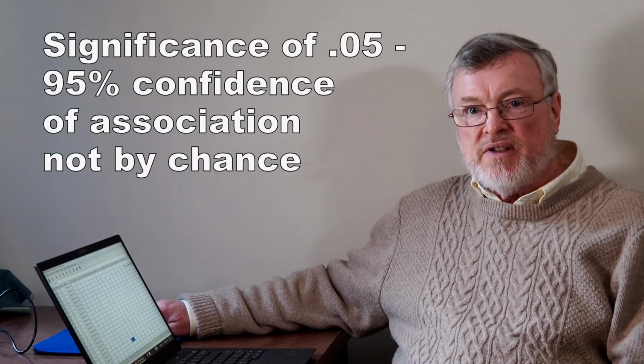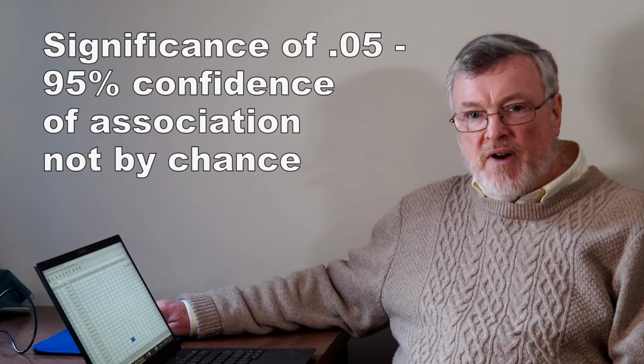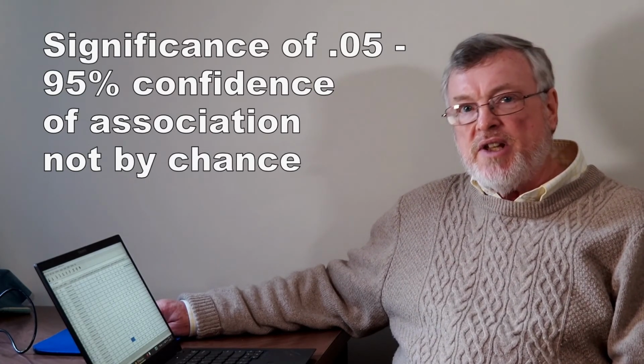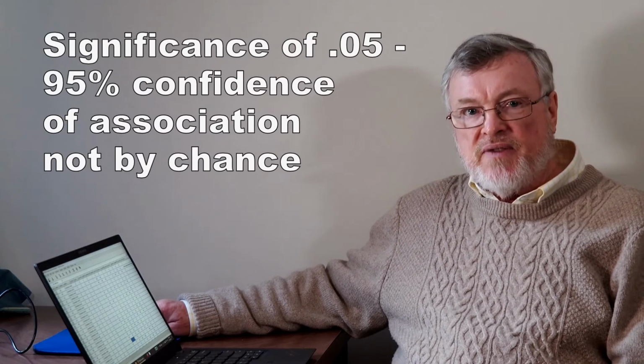It means that we can reject the null hypothesis that there is no association. It's common to look for chi-squared figures of 0.05 or less, giving us 95% certainty, and to describe this as being statistically significant.